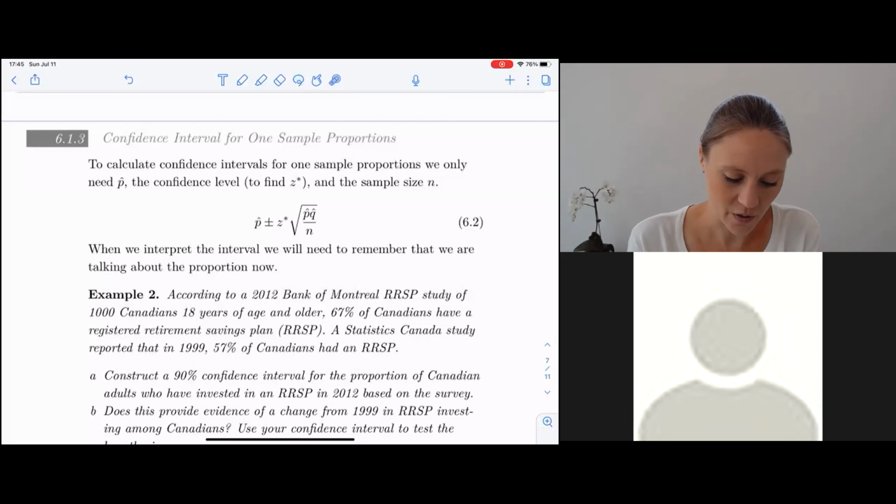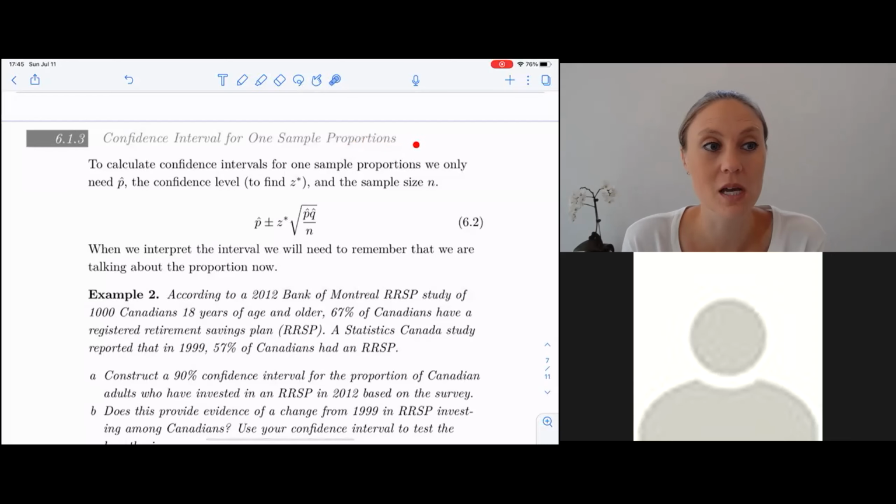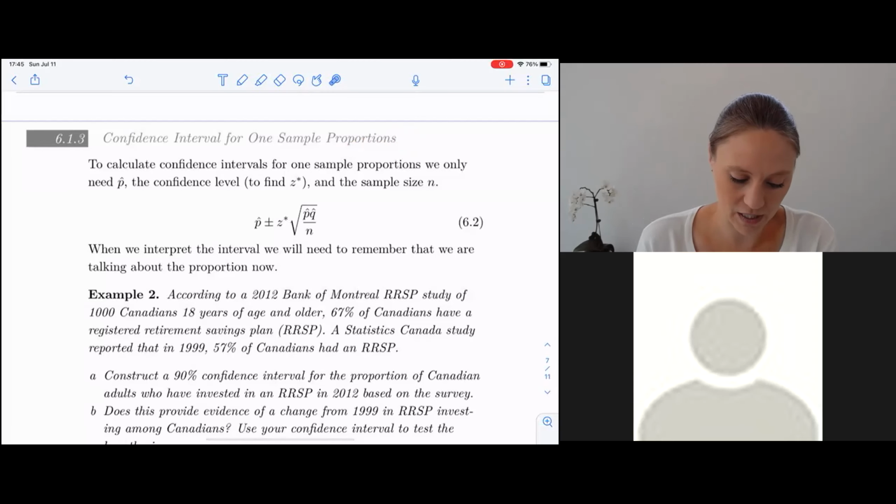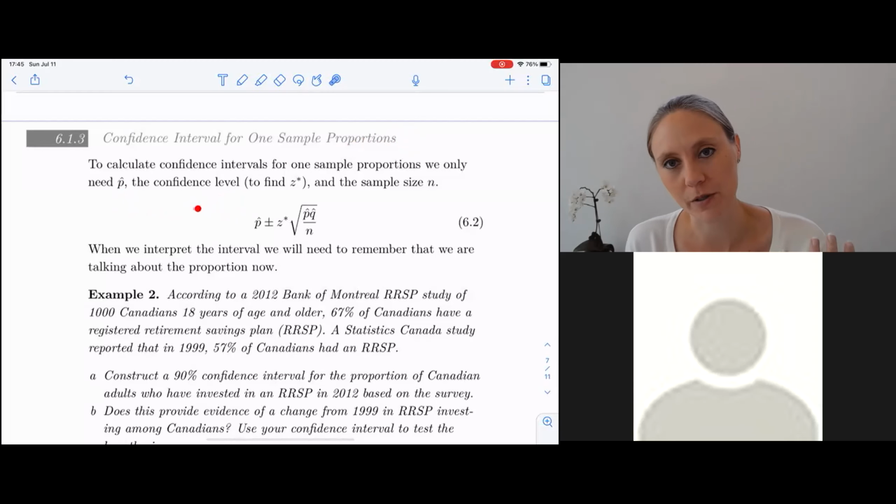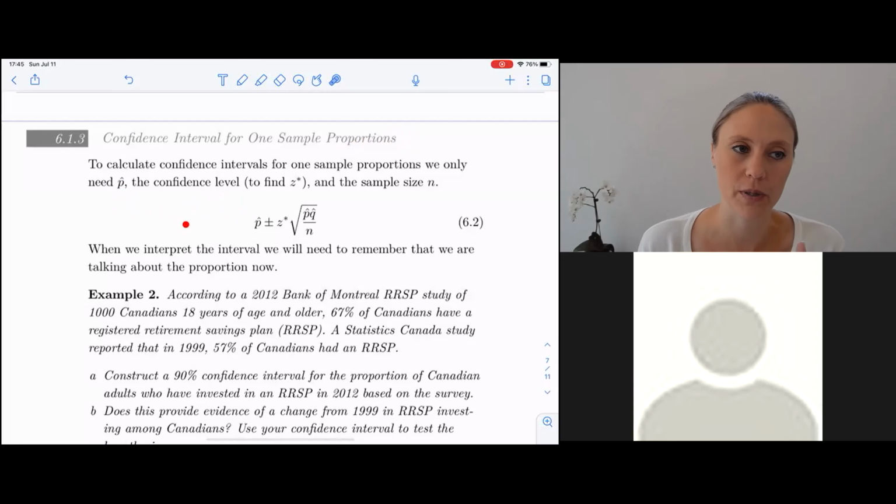Okay. So confidence intervals for one sample proportions are, I dare say, really easy. The reason is that we only need p hat, and of course we need the confidence level, but that will be given in the question. Make a 90% confidence interval, make a 95% confidence interval. And then of course we need the sample size.